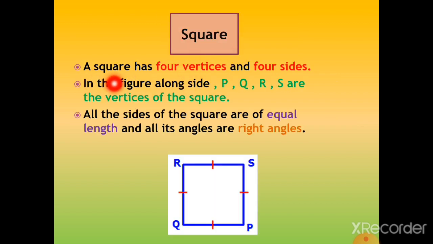Square. A square has four vertices and four sides. In the figure alongside, P, Q, R, S are the vertices of the square. All the sides of a square are of equal length and all its angles are right angles.